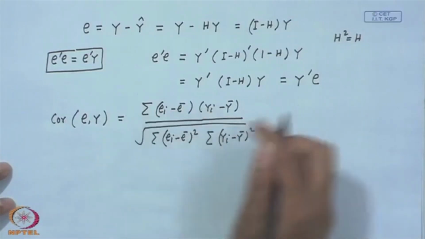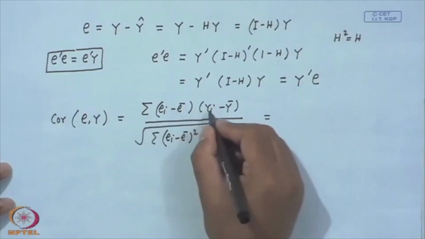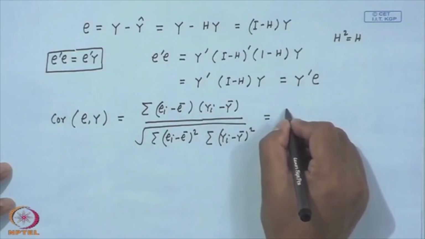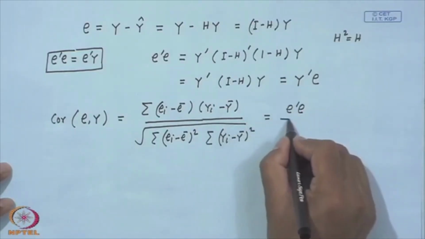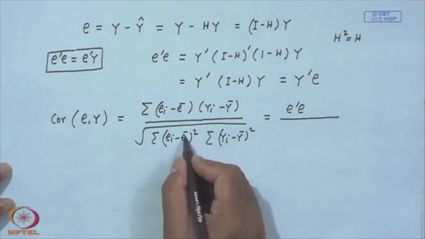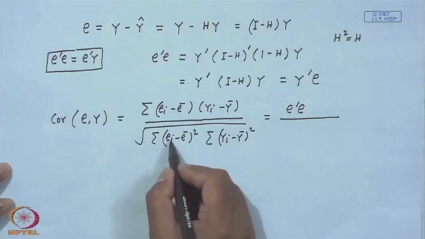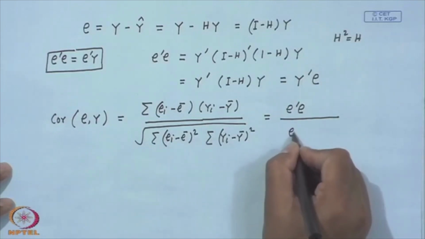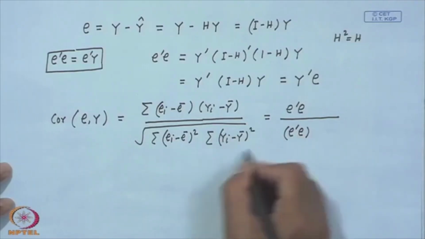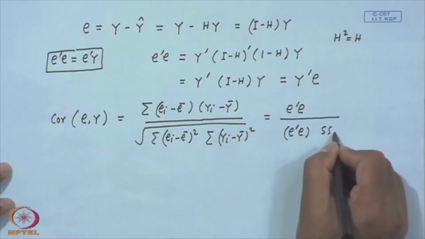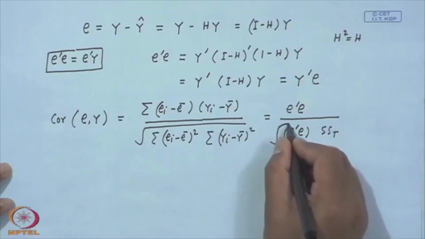And we proved that the numerator is E prime E, and since E bar is equal to 0, the first term in the denominator is nothing but summation E I square. So, this is again E prime E, and this one is nothing but SS total, square root of this.